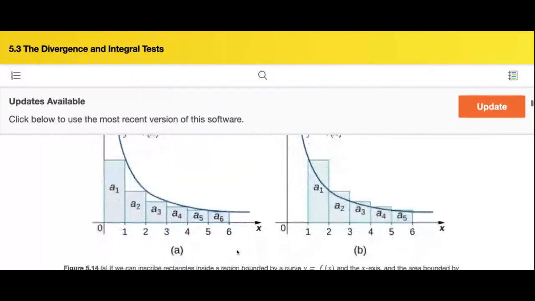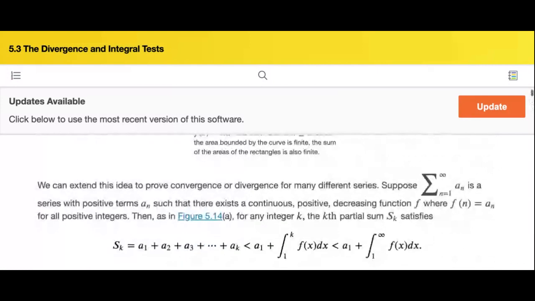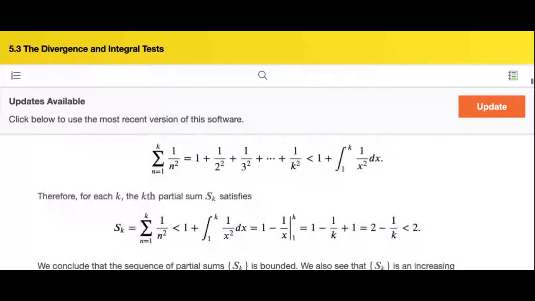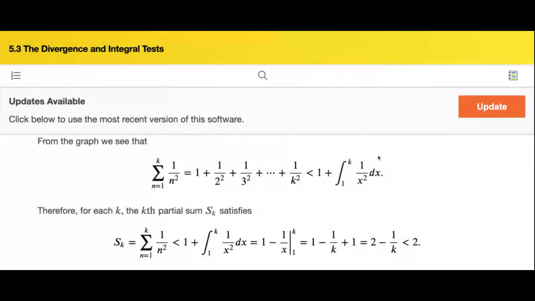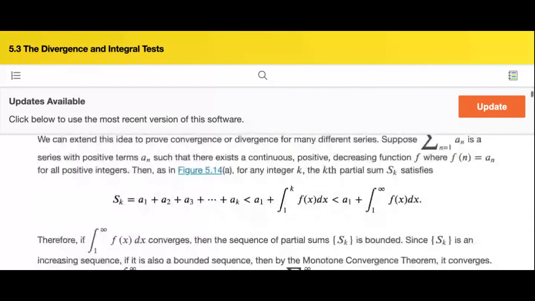And similarly, if we can find an integral that is greater than the partial sums, like the second example, where we can anti-differentiate, evaluate, and find a finite number, and we observe the partial sum is less than that finite number, then we can use the integral test to prove that it converges as well.